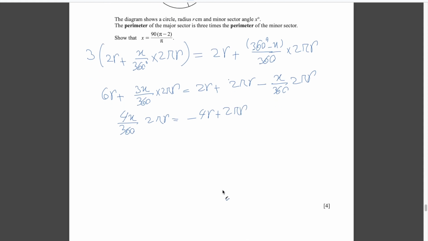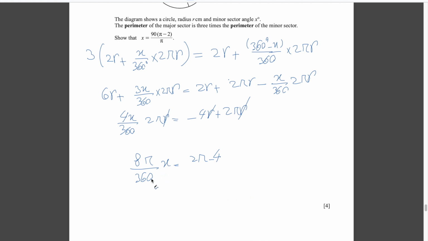Now we should simplify so that it gives you this fraction. Actually, x is to be found. Now all terms have r, so you can cancel r. So it will become 8x over 360, 8 pi x, then is equal to 2 pi minus 4.